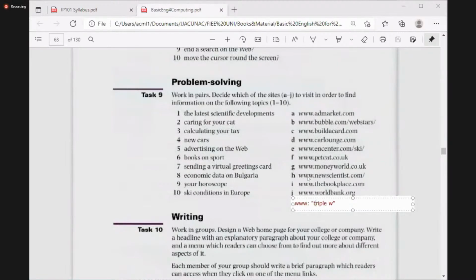Remember, something else is triple w, or www. The other thing is how to express the point. The point for web addresses or for emails is called dot. You know that.